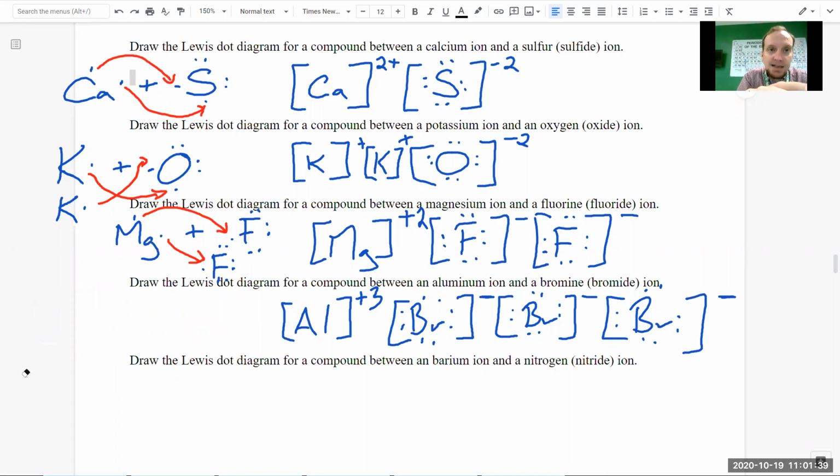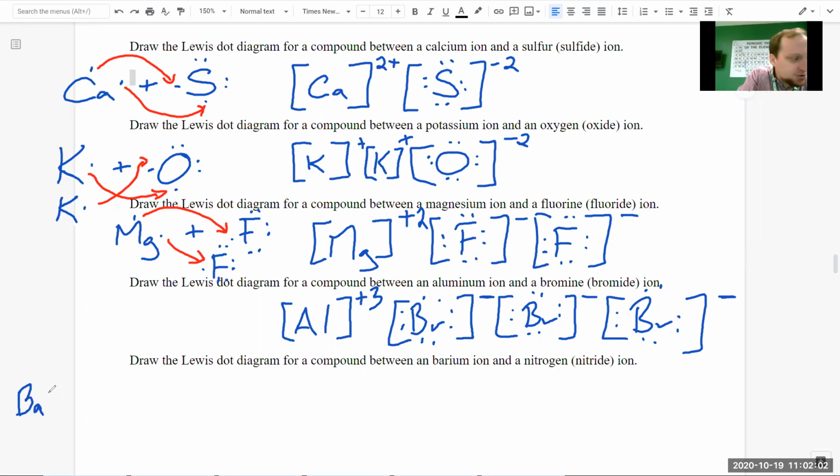Okay, this last one is even a little bit harder. So what we have is another ionic compound between barium and nitrogen. This time I'm going to try to do it a little more correct. I'm going to save myself some space and try to write a little bit smaller. I'm going to do it all linear as opposed to kind of going in different directions, again, because I don't want to confuse anybody. So over here, we're going to start with our barium atom, Ba.